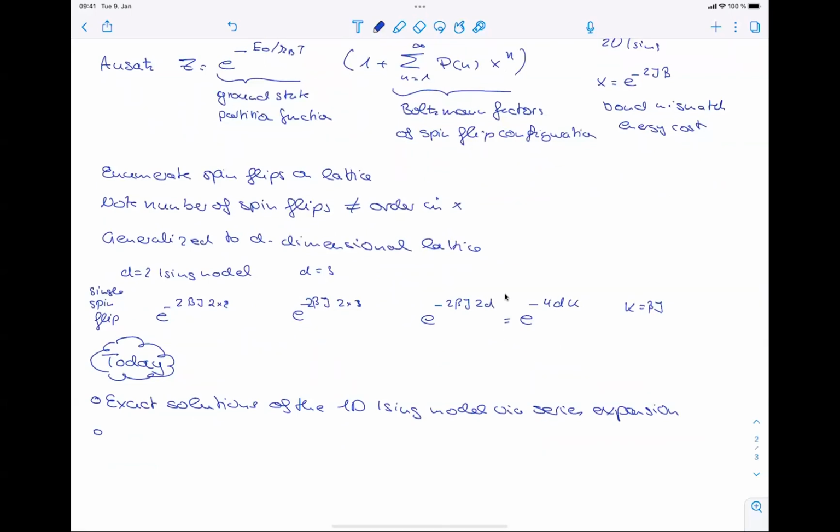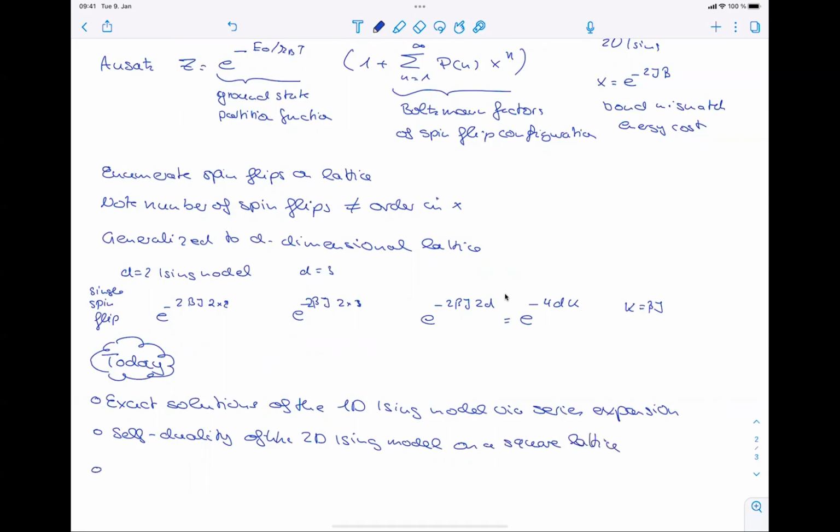Then we're going to rediscover the self-duality of the 2D Ising model on a square lattice.